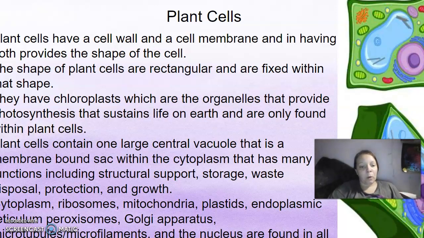Plant cells contain one large central vacuole that is a membrane-bound sac within the cytoplasm that has many functions, including structural support, storage, waste disposal, protection, and growth. Cytoplasm, ribosomes, mitochondria, plastids, endoplasmic reticulum, peroxisomes, Golgi apparatus, microtubules, microfilaments, and the nucleus are all found in these cells.